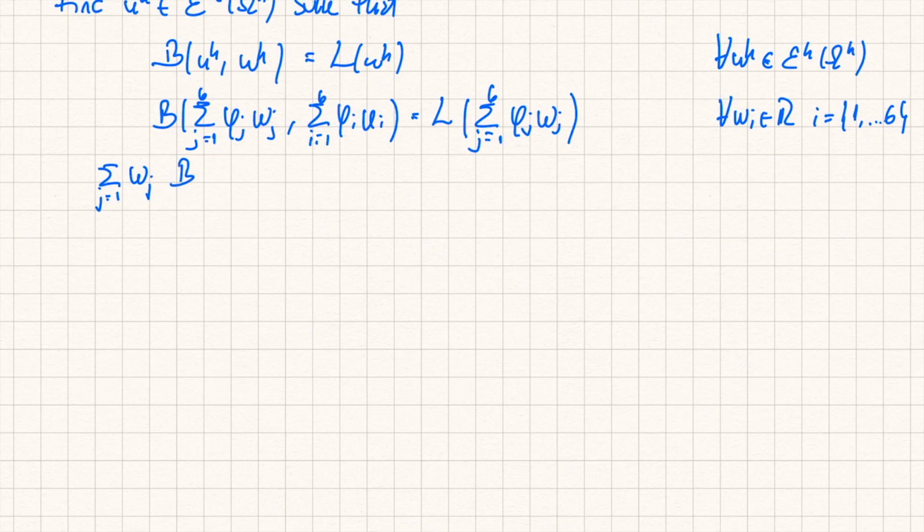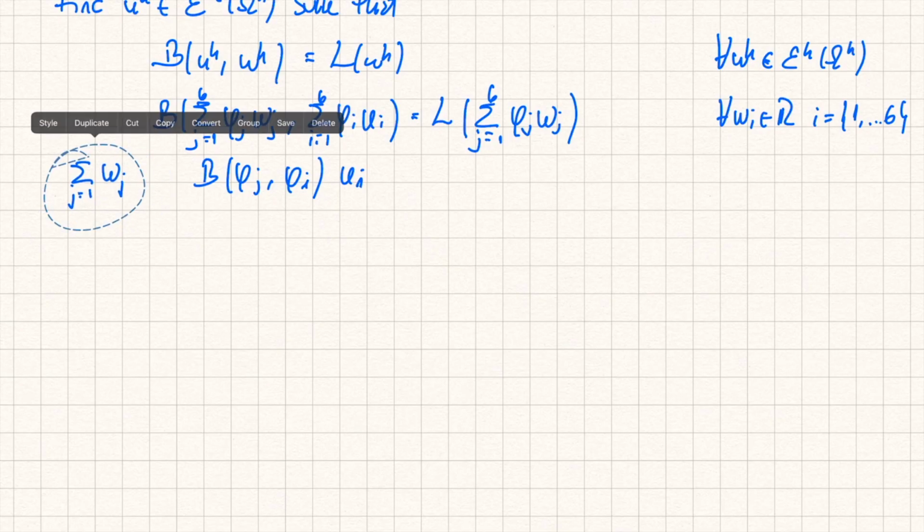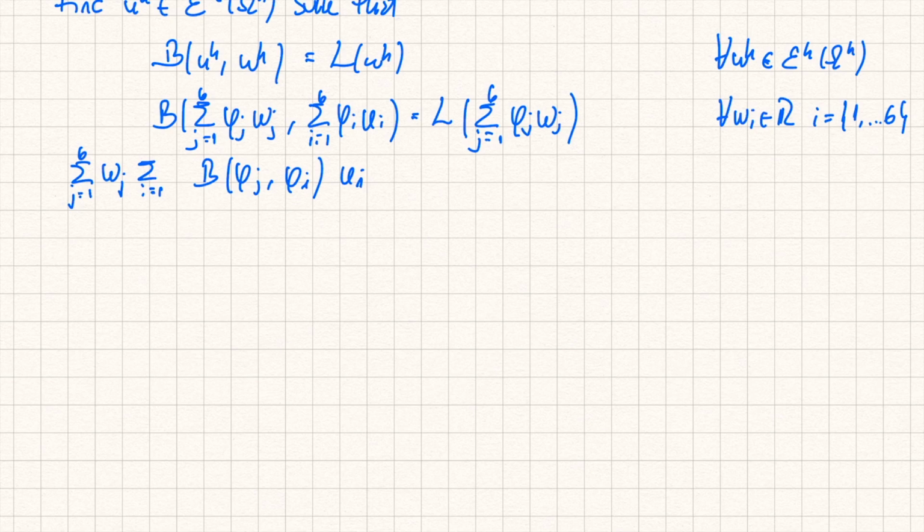So what I'm going to do is now you have these guys. Of course, the 6 are there. And then we have the sum, WJ.